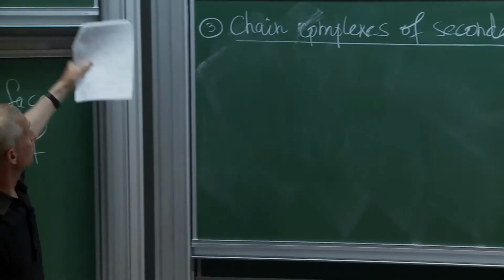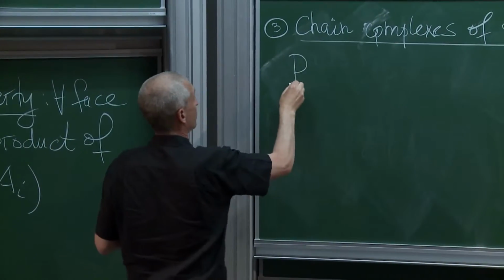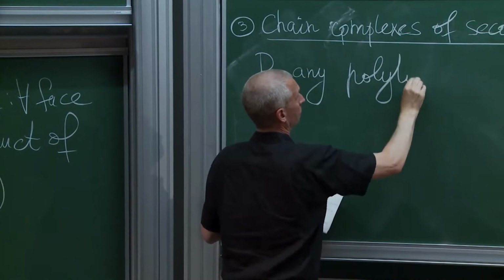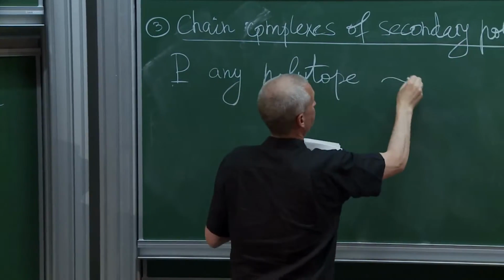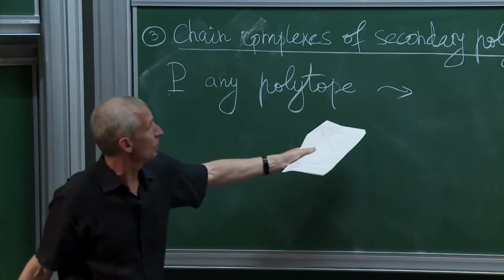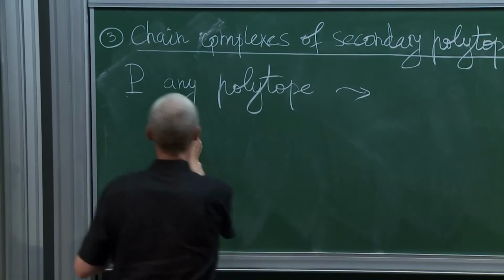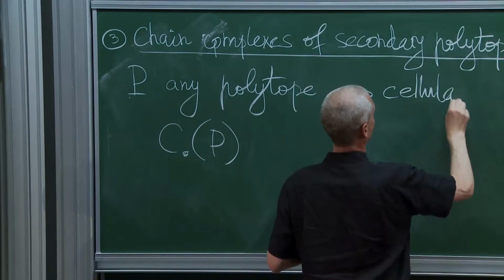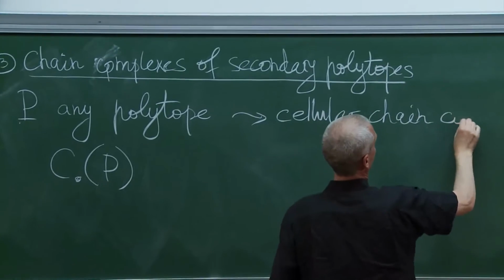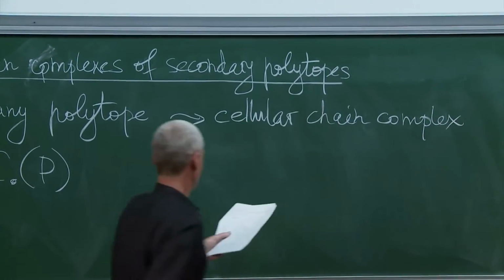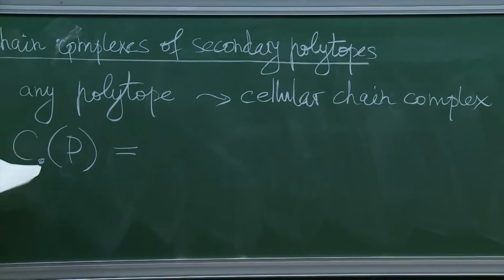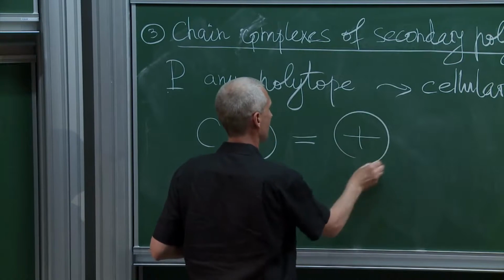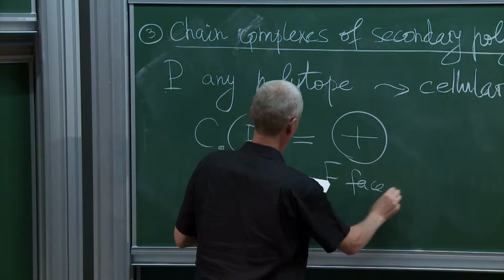So I keep this notation. If I have any convex polytope whatsoever, let's consider the most naive cellular chain complex called C of P. The dimension of the chains is the number of faces, so I can write it as a direct sum over F being faces.